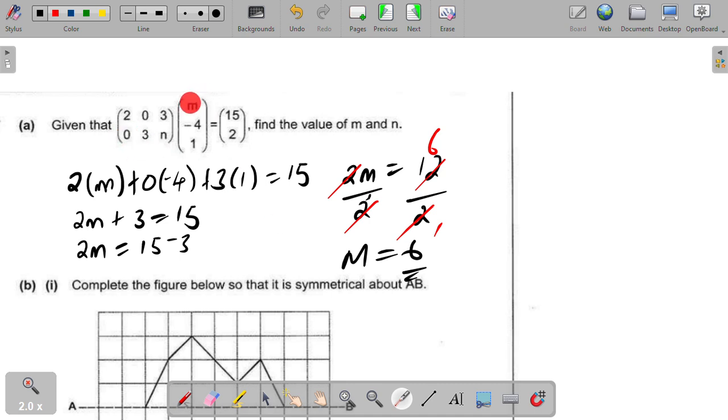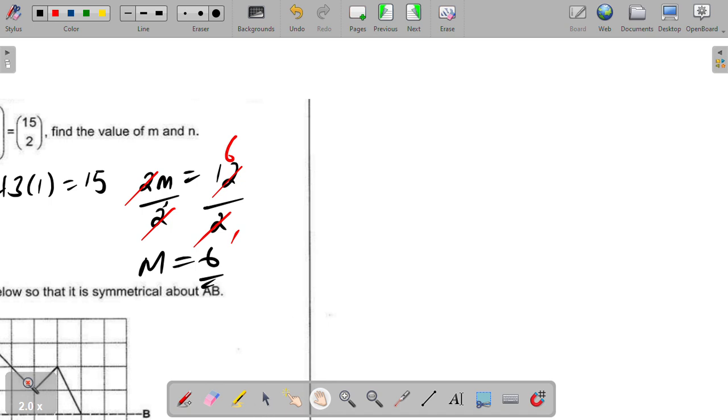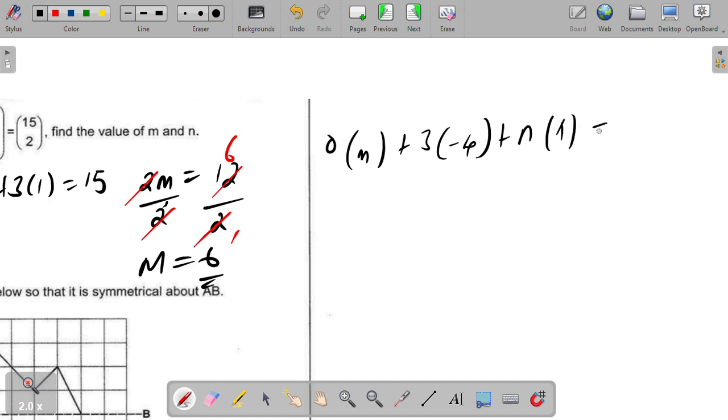So we say 0 times m plus 3 multiplied by -4 plus n multiplied by 1 is equal to 2.